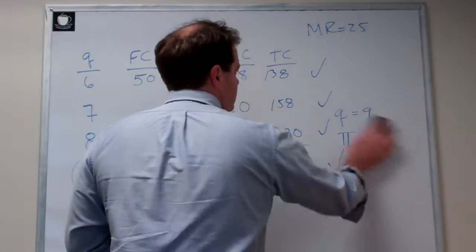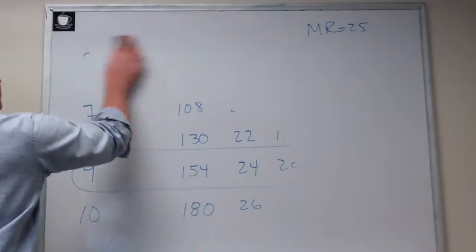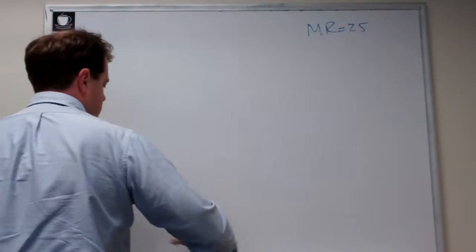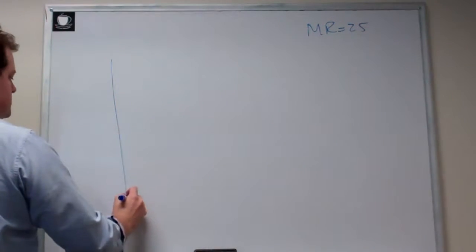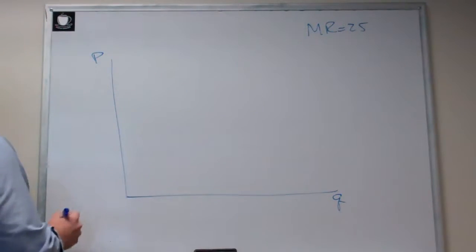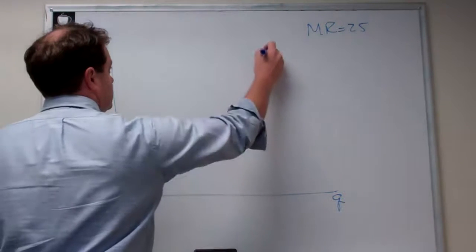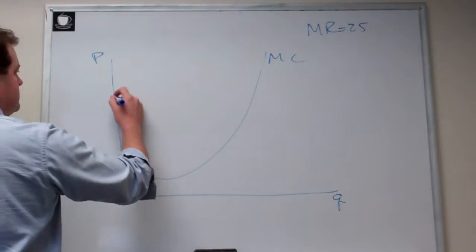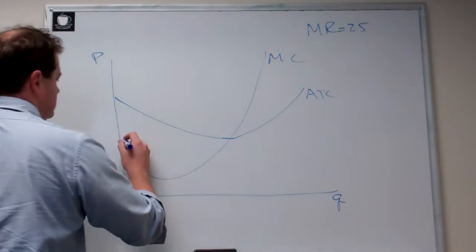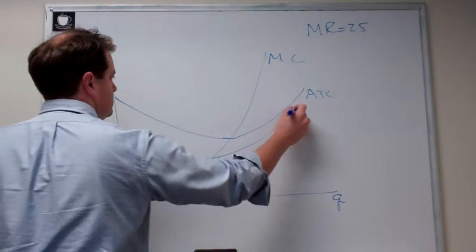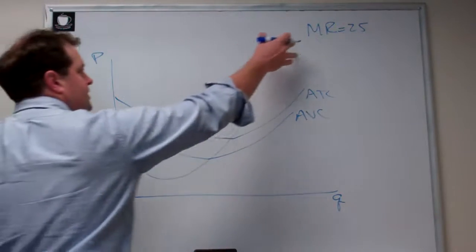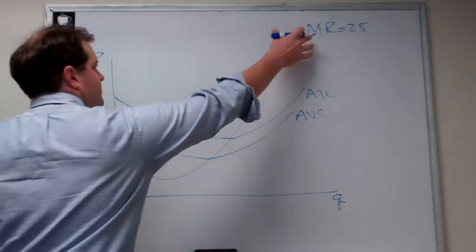Graphically, what's going on here? We have looked at the costs that firms face in a graphical sense. So we want to include marginal revenue in this. Marginal revenue is a constant.